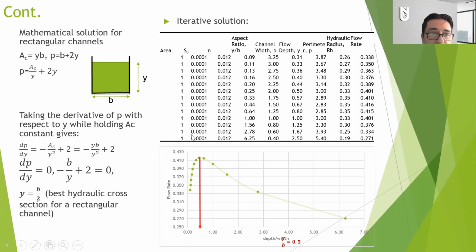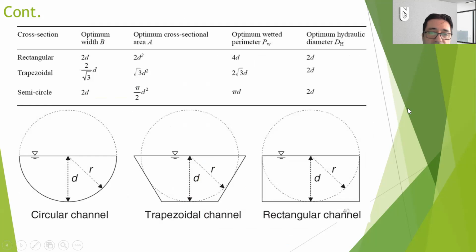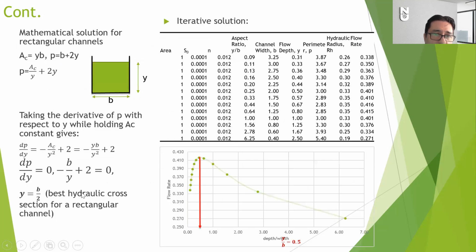No? Okay, let's check if the shape is different for the channel. And I'm not going to make the calculations for any type of rectangular channel. We already did it. And you know how to make a calculation for a rectangular channel.